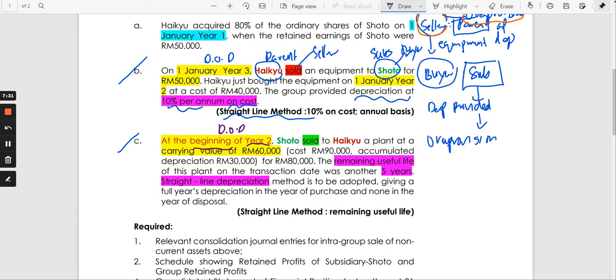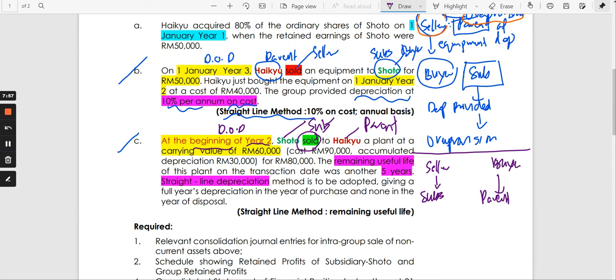So what you need to understand is that in our case, the seller is now the subsidiary. The buyer is the parent. How do I know the subsidiary? Shoto is the subsidiary, High Q is the parent, and the subsidiary is the seller here, and the parent is the buyer.